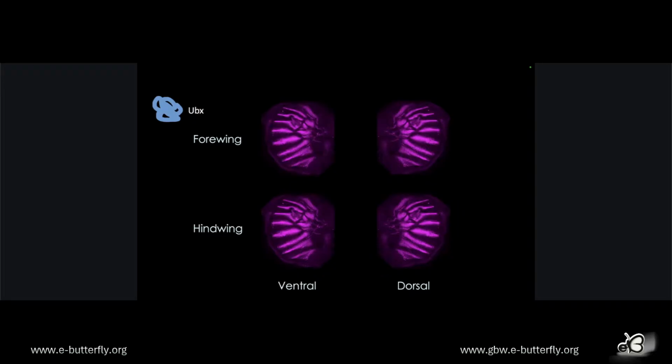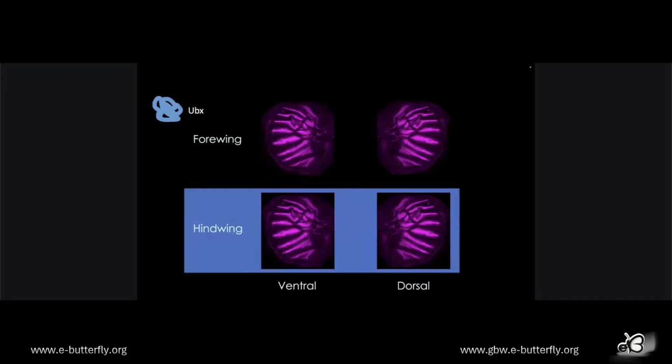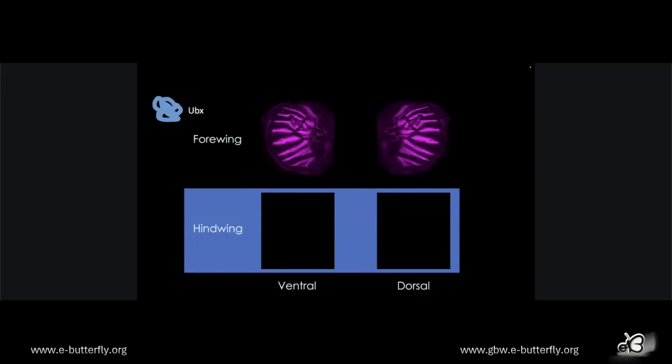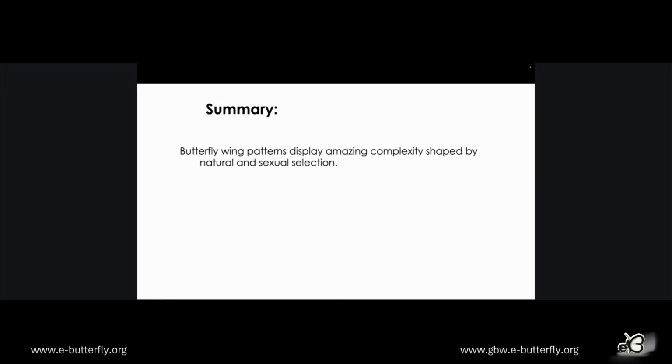And if this purple protein evolves binding sites for UBX, then if that connection happens, UBX can repress its expression in hindwings while keeping the expression of the protein in forewings intact. And with these three simple proteins, you can create all the diversity of wing patterns that you see in butterflies in nature.